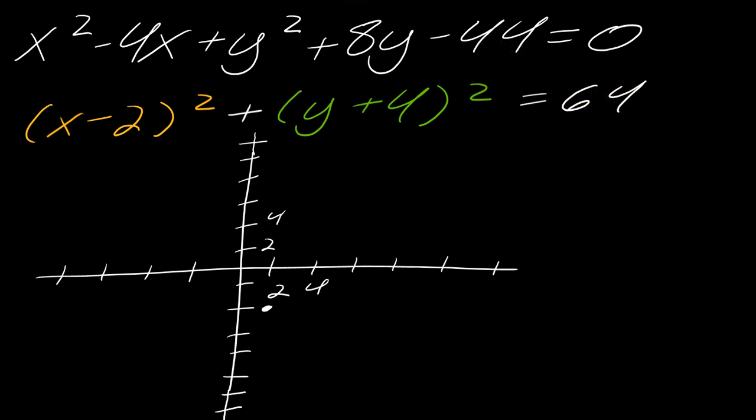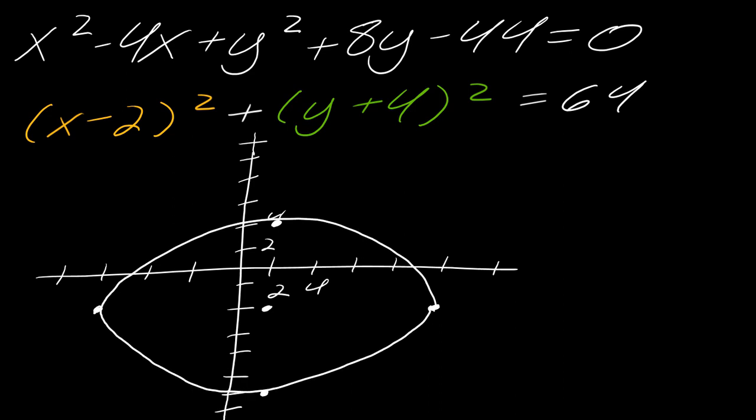So now I just want to count out 8 in each direction. So this is 2, 4, 6, 8, in each direction. Okay, and so now I can draw my football-shaped circle because my scale is all messed up. But again, you get the idea.